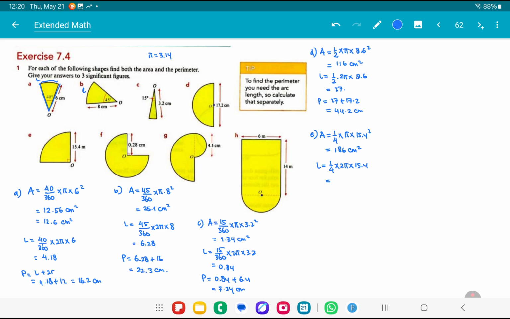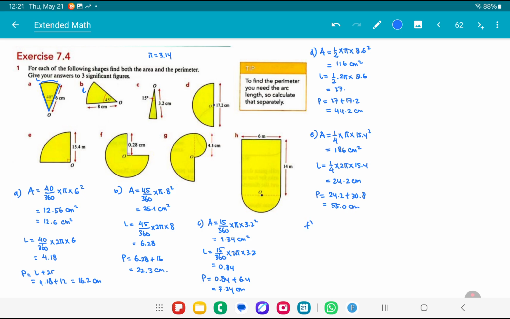We get the answer 24.2 centimeter. So the perimeter equals 24.2 plus 2 times the radius. So we got 30.8, and the sum of 24.2 plus 30.8, we got the answer 55.0 centimeter.